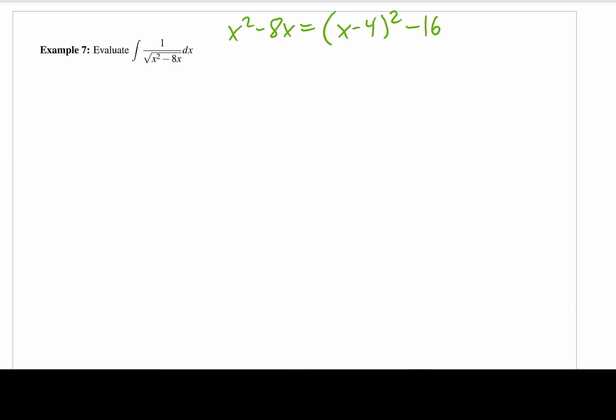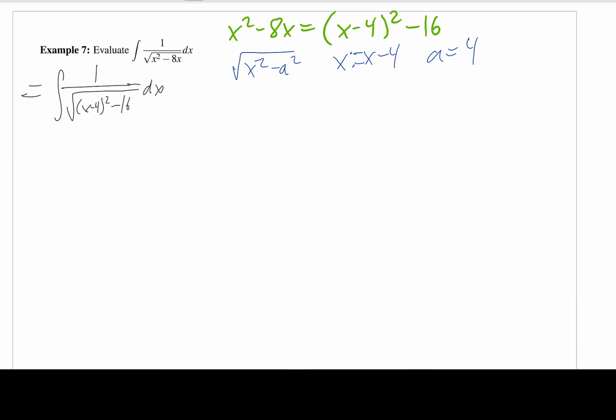Okay. And so now our integral would look like 1 over the square root of x minus 4 squared minus 16 dx. And so now I have something that looks like x squared minus a squared. So we'll have to redefine x to be x minus 4. And we'll have a is equal to 4.